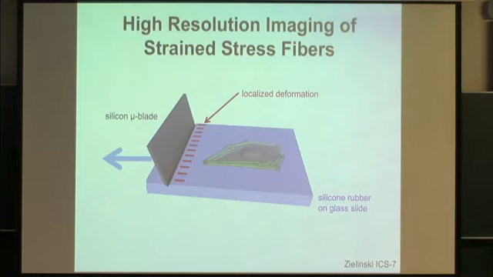And because the rubber sticks to the glass substrate, you get a decaying displacement field here. We verified that with microbeads. It really looks like the expectation. So we are basically pulling that end of the cell more than that end, and so these stress fibers have to elongate.